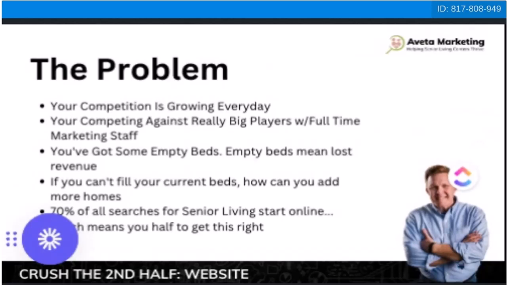And then on top of that, for every person that looks for senior living, 7 out of 10 start on the internet. So they go to their phone or the computer and put in some version of assisted living near me. 7 out of 10.